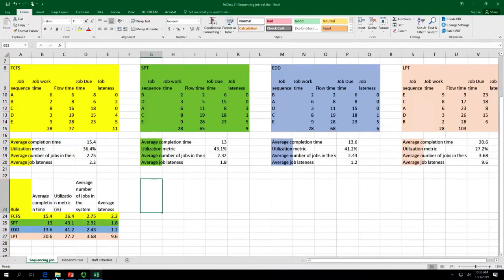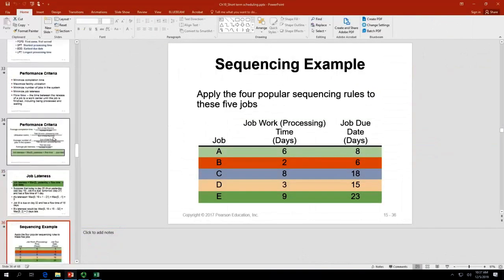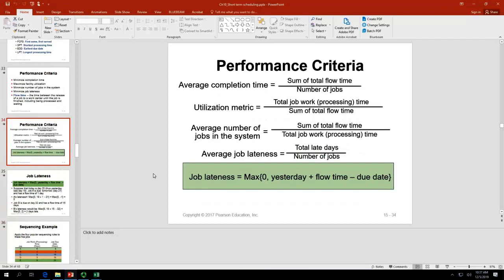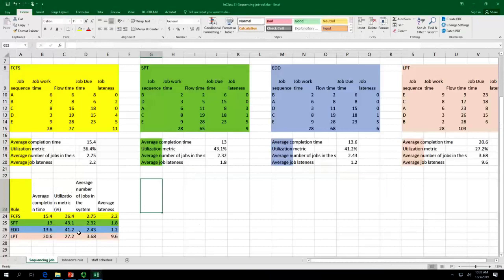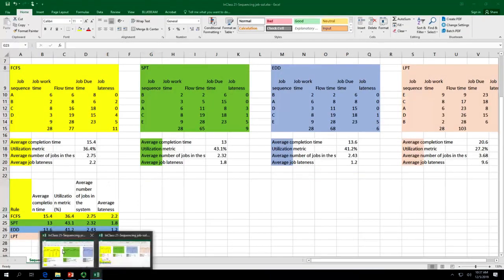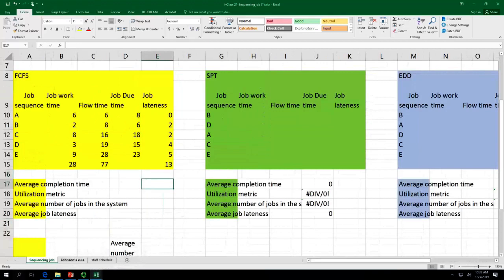And then now we see a kind of formula. So the formula is, that's the performance criteria. Average completion time equals the sum of total flow time divided by the number of jobs. So we use this: total flow time divided by the number of jobs, 5.